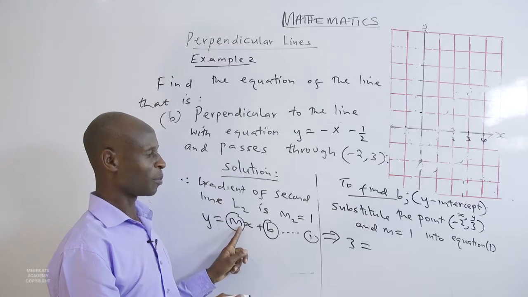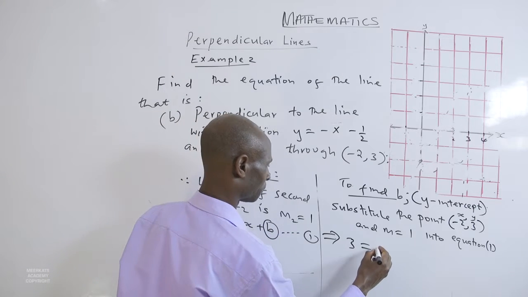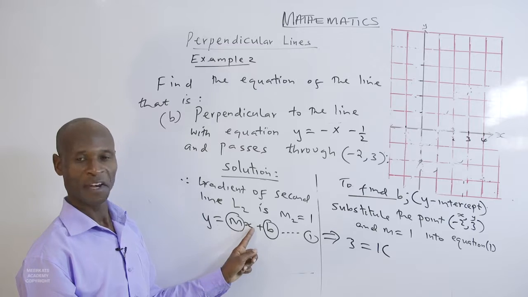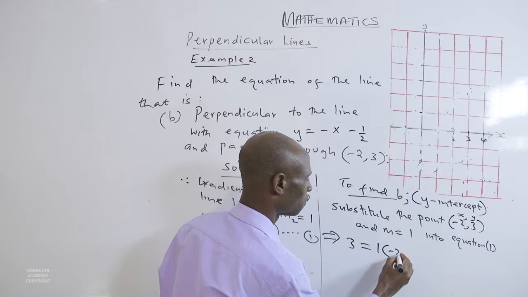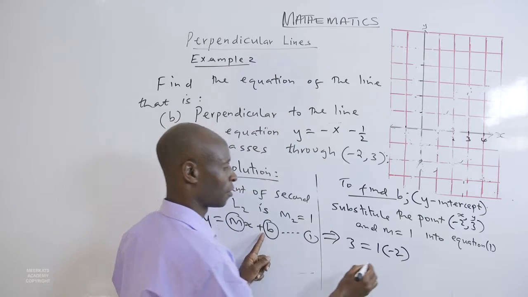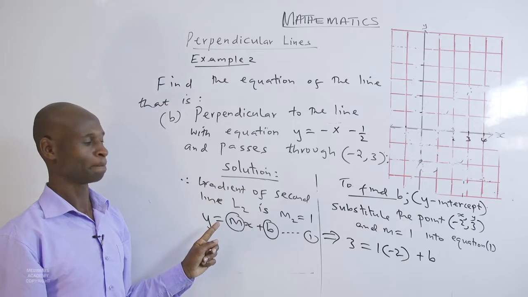Where there is m, we put 1. Where there is x, we substitute with -2. Plus b, which is unknown.